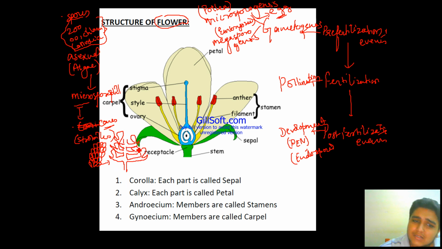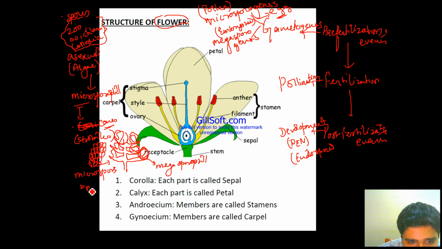So structures like these were called microsporophylls or megasporophylls. Usually these were microsporophylls, and the one at the bottom, which was more spherical, was the megasporophyll. And they contained something called microspores and megaspores. Right. So this was an evolutionary upgrade from asexual spores to sexual spores.